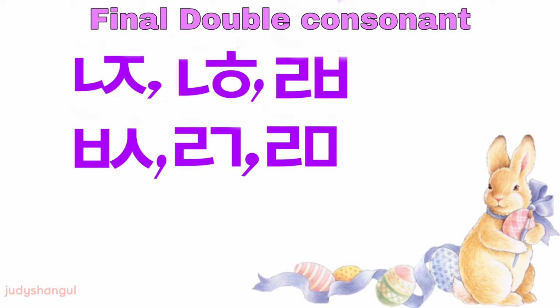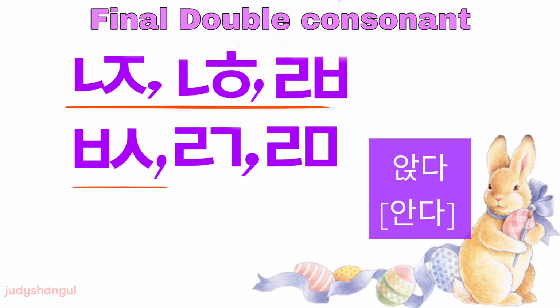The final double consonants are 받침. 니은 지읒, 니은 히읗, 리을 비읍, 비읍 시옷, 리을 기역, 리을 미음. In the case of 니은 지읒, 니은 히읗, 리을 비읍, 비읍 시옷, only the first consonant is pronounced. For example, 앉다.